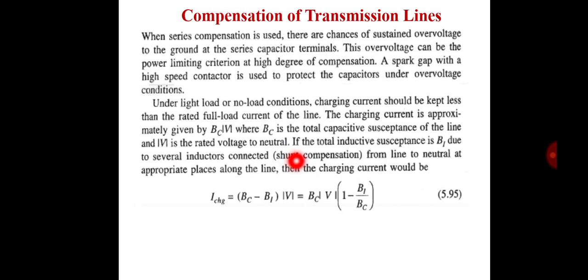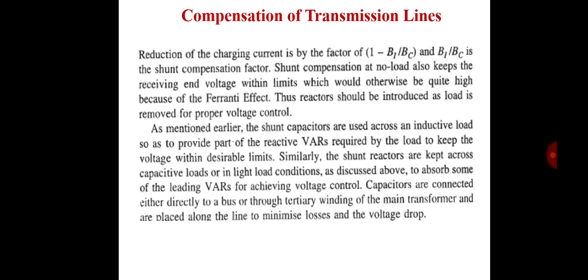So, if the total inductive susceptance is BL due to the several inductors connected from line to neutral at appropriate places along the line, then the charging current would be I charging is equal to (BC minus BL) into V is equal to BC into V (1 minus BL by BC). Okay.